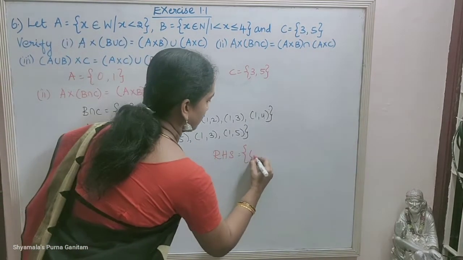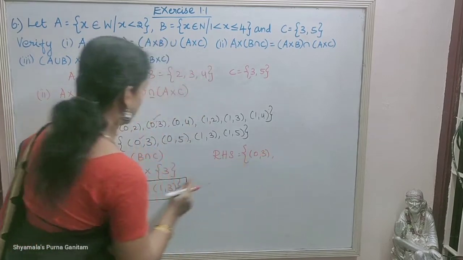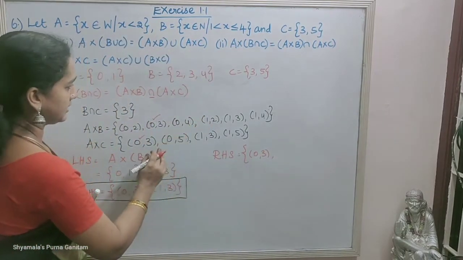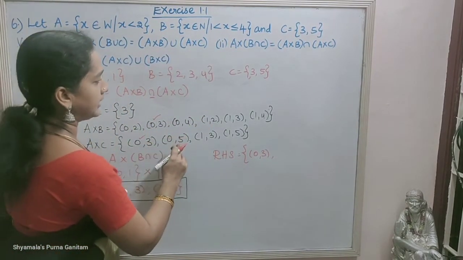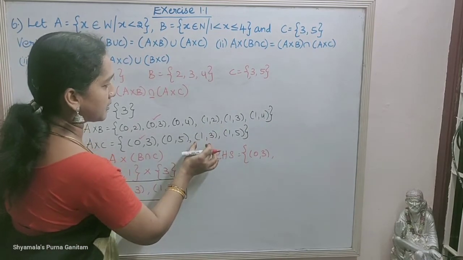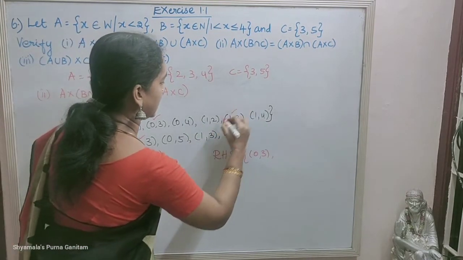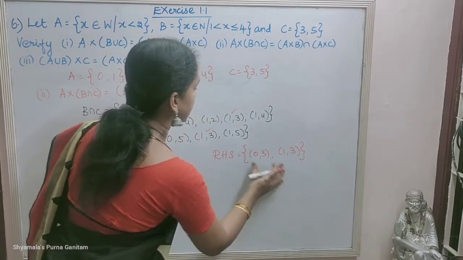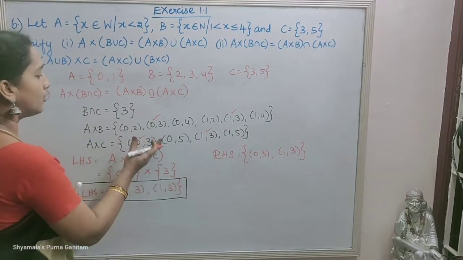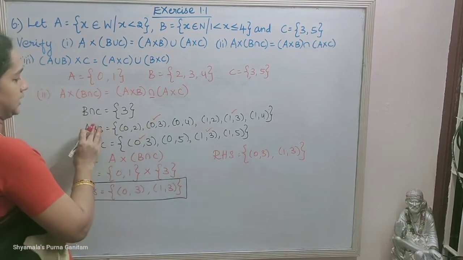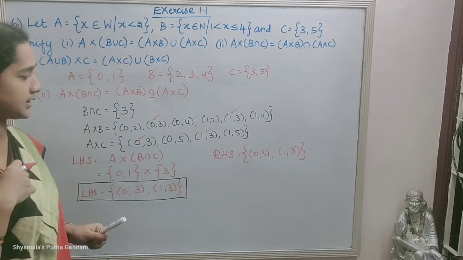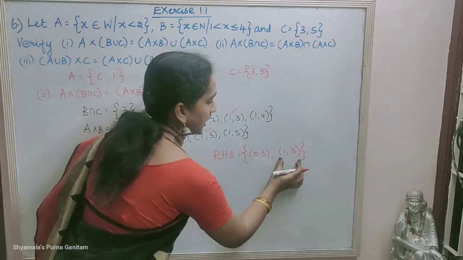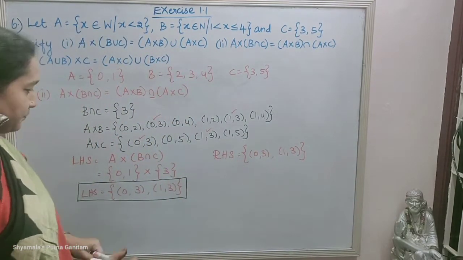So we will write (0, 3) first. Then (0, 4), (0, 5) are not common. Then (1, 2) is not there, (1, 3) is there. So only these two elements are common to both the sets A cross B and A cross C. These two ordered pairs are the only same ones.